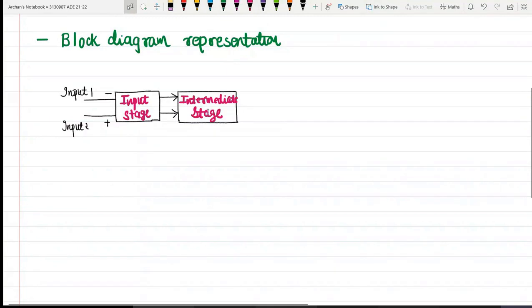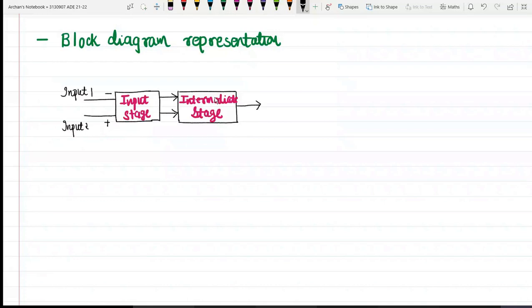This is another differential amplifier, but this time it is dual input unbalanced output, or you can say single ended output. So here we will get only one output like this.